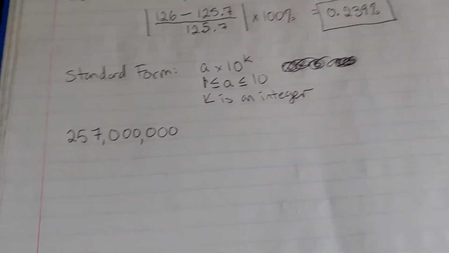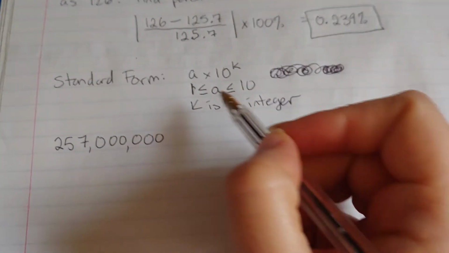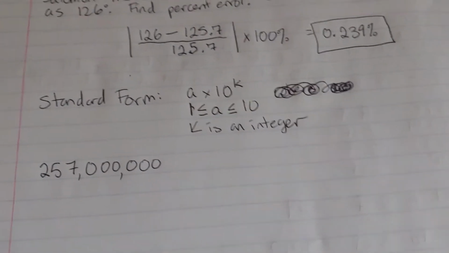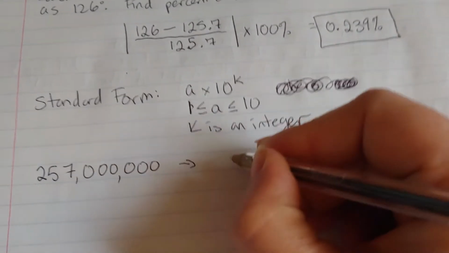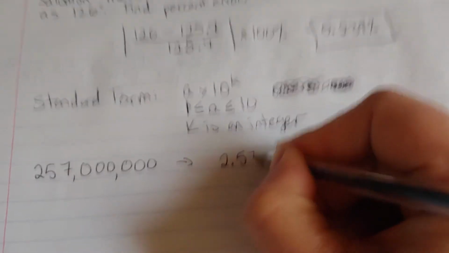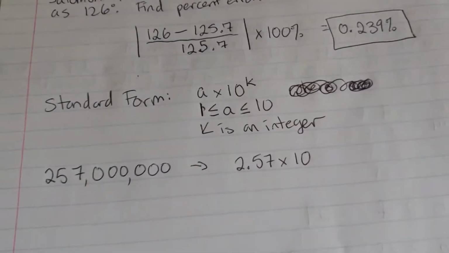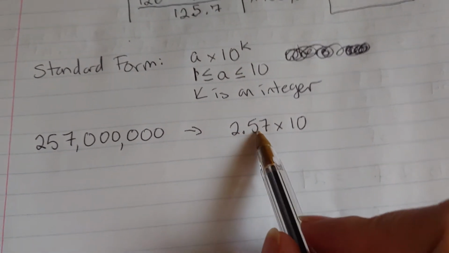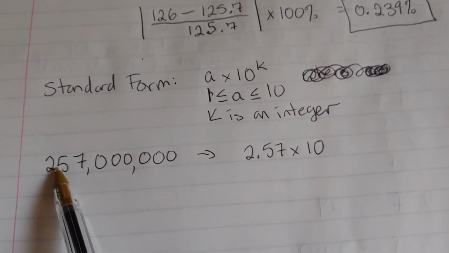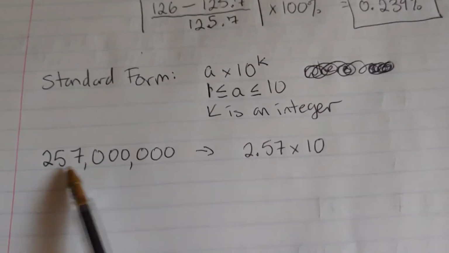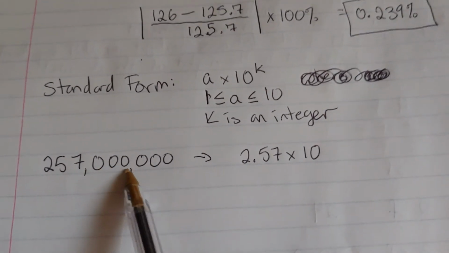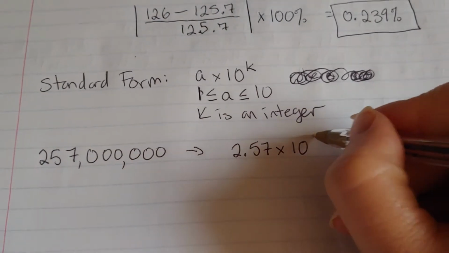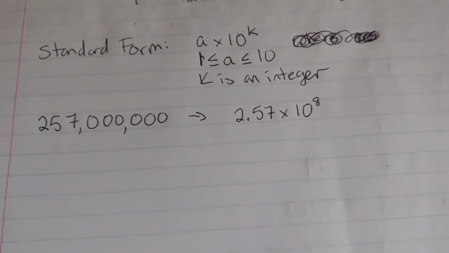What I'll do is I need A to be between 1 and 10 inclusive. So this becomes 2.57 times 10, and how many times would I need to multiply by 10? 1, 2, 3, 4, 5, 6, 7, 8.